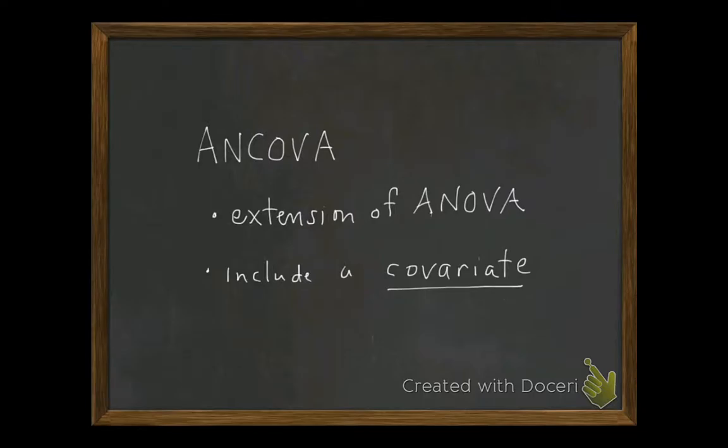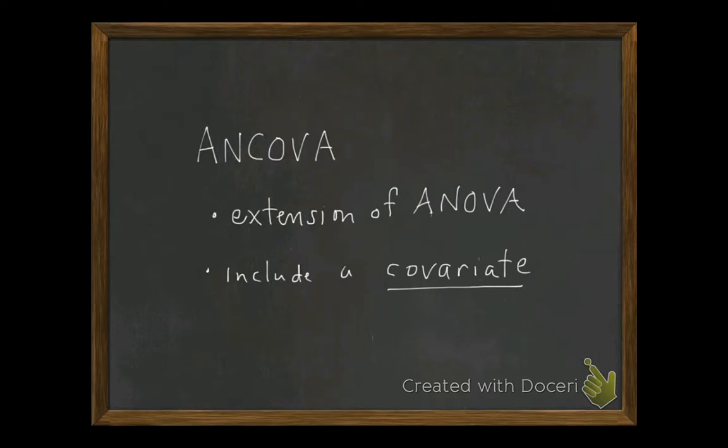Okay, guys, video here. It's on ANCOVA, and after the previous video on covariates, you should have a pretty good understanding of why we include covariates in some studies. Things to think about: ANCOVA is just an extension of ANOVA, but we usually include a continuous or quantitative variable that we call a covariate, and we expect the covariate to be related to the dependent measure, what we're trying to explain.